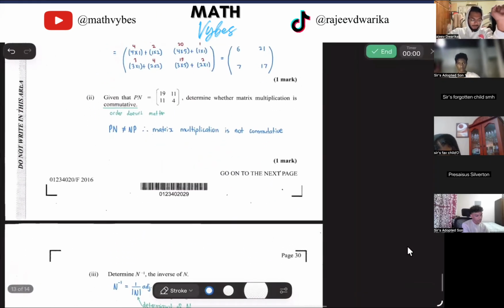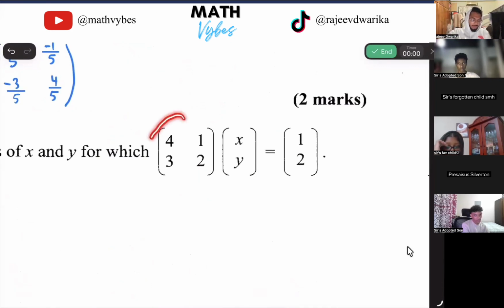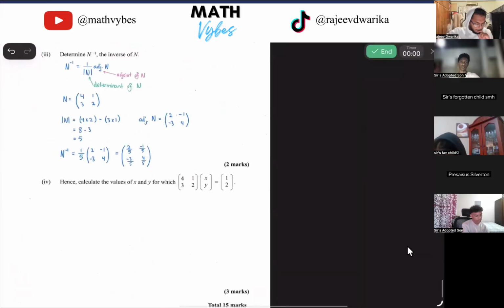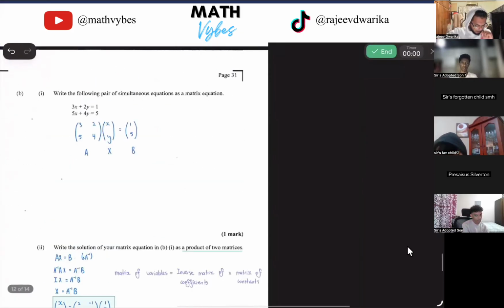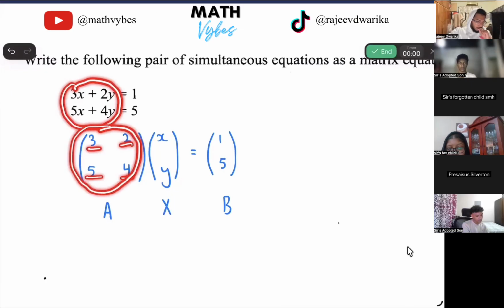So can you see that this is your matrix of what? Let me go back. The 3, 2, 5, and the 4, they were the what? The coefficients. Right, so this is the matrix of coefficients.